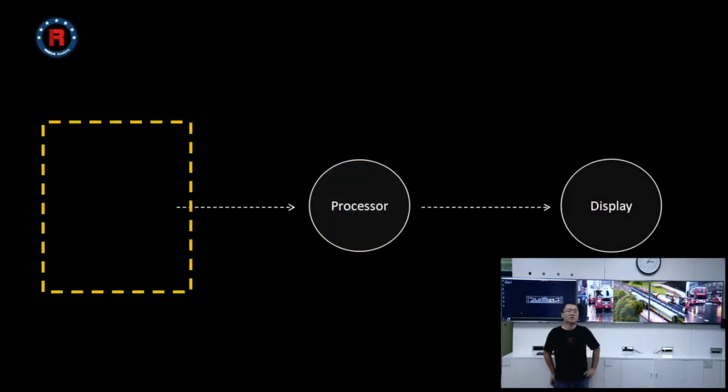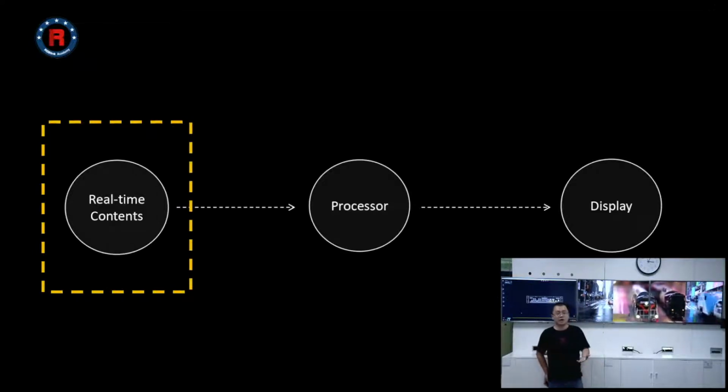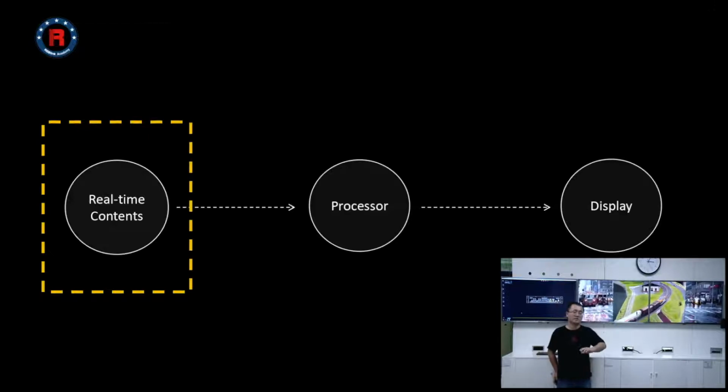So the question is: in the transmission process, can we do real-time content? If it is real-time content, you can realize it like a football game or basketball game and other competitions.